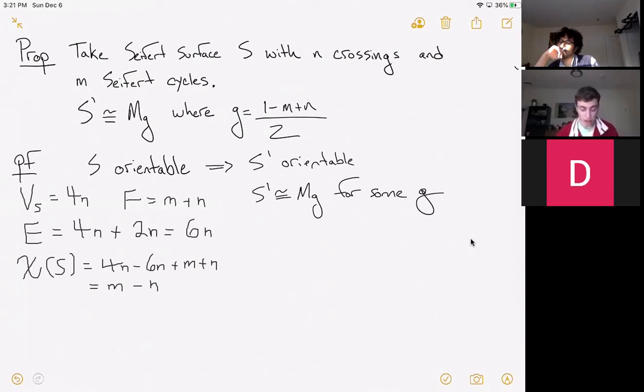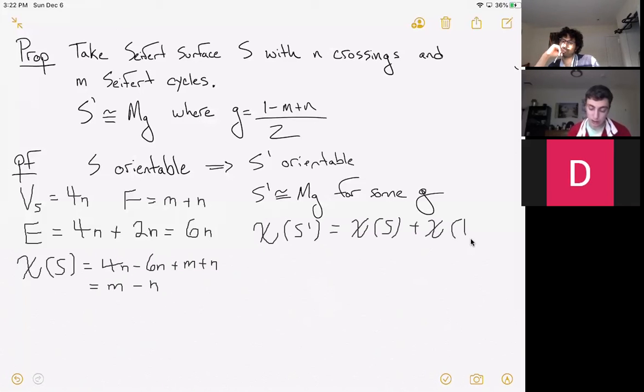With the knowledge of the Euler characteristic of S, it's pretty easy to compute the Euler characteristic of S prime. So basically, Euler characteristic of S prime, based on the formula, is Euler characteristic of S plus chi of D, the disk, minus chi of S intersect D.